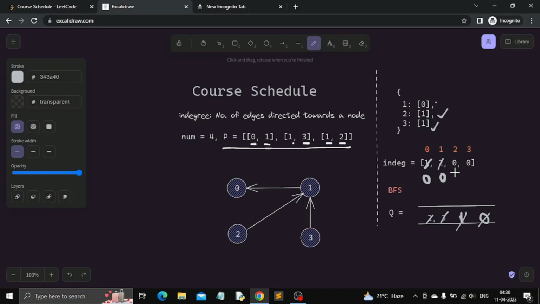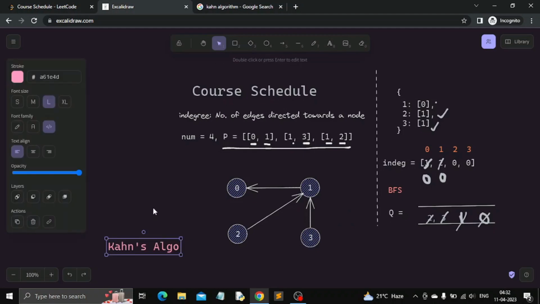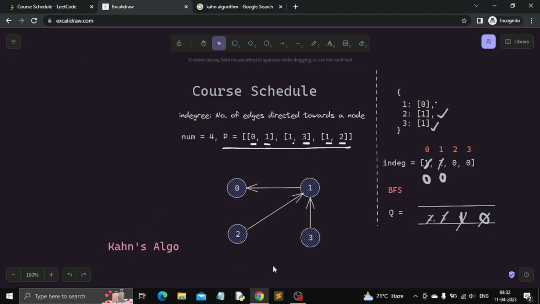In that case we are going to return false. This particular algorithm where we find the in degree of each vertex and then perform BFS is also known as Kahn's algorithm, and I hope the explanation was clear.